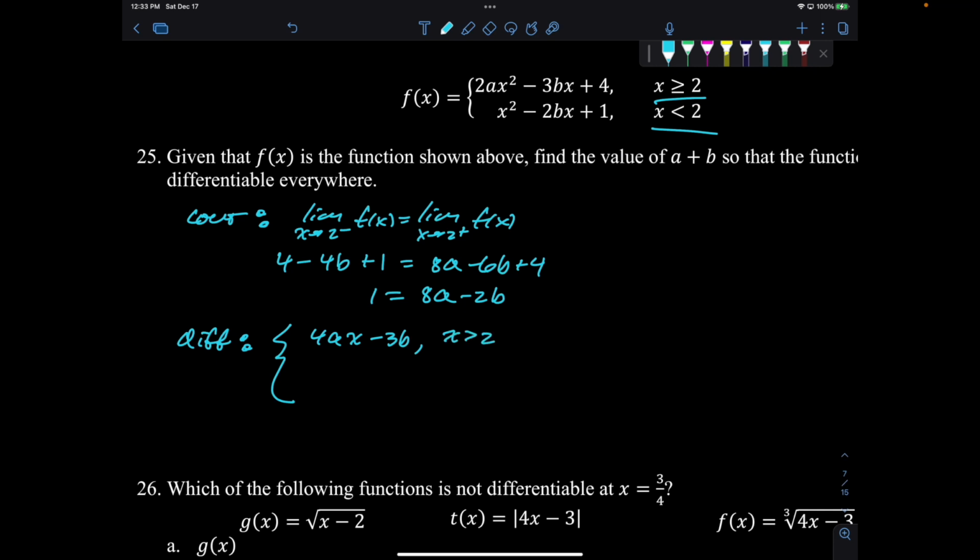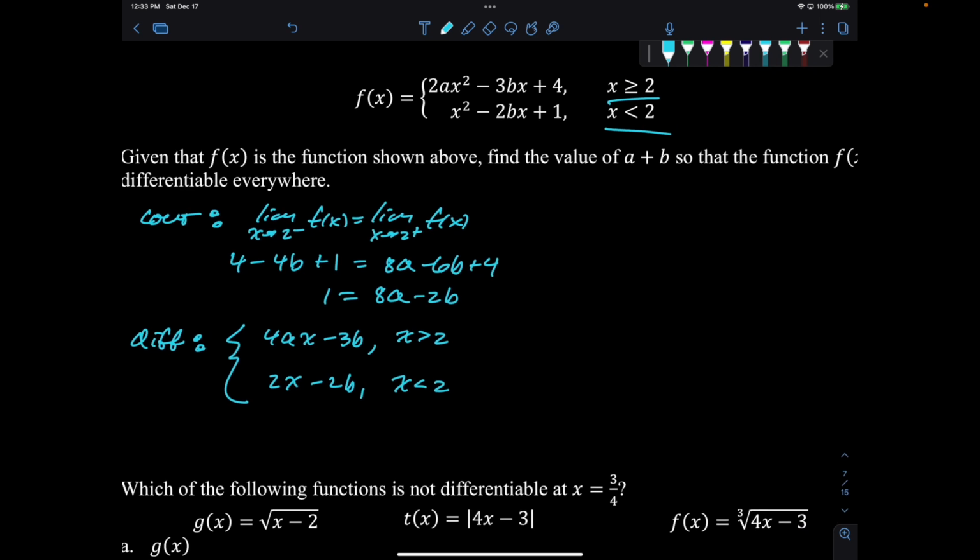You drop the equals because we don't know if it's differentiable. And then 2x minus 2b when x is less than 2. I'm just going to plug 2 into both of these branches and set them equal. So that'll be 8a minus 3b equals 4 minus 2b.